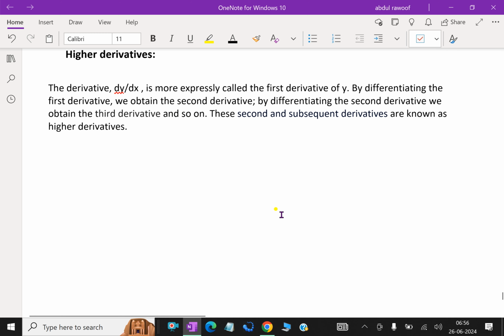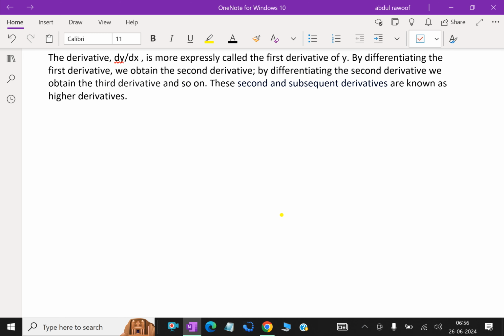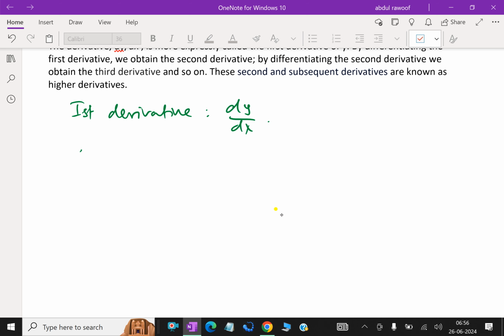Now, the first derivative of y is dy by dx. The second derivative can be expressed as d square y over dx square.